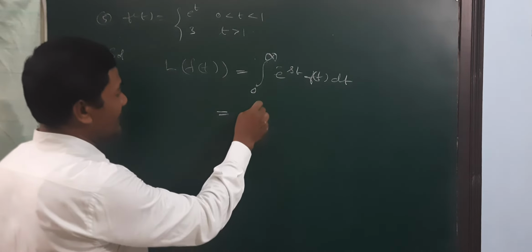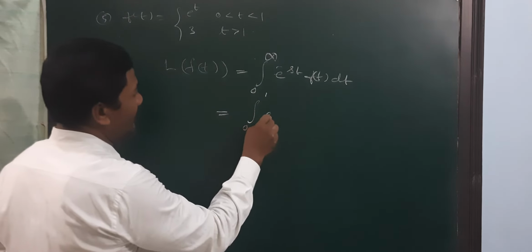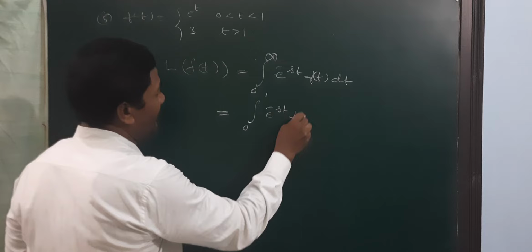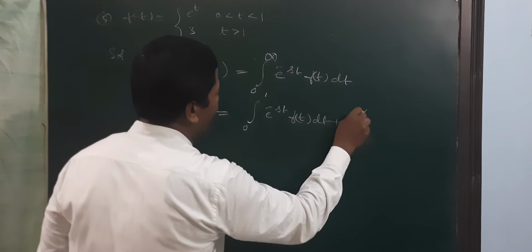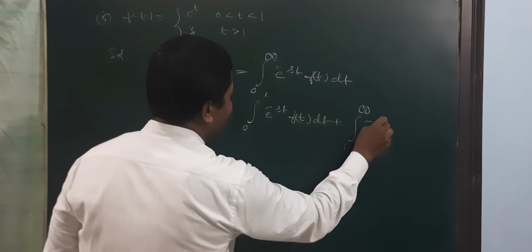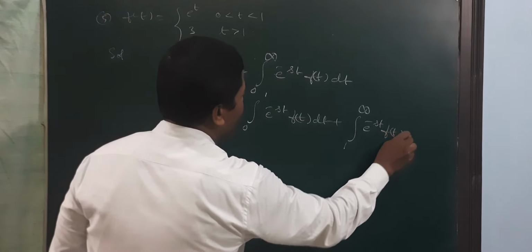So it can be written as integral 0 to 1 of e power minus st into f of t dt, plus integral 1 to infinity of e power minus st into f of t dt.